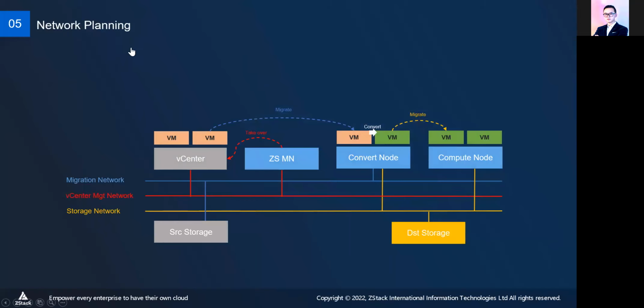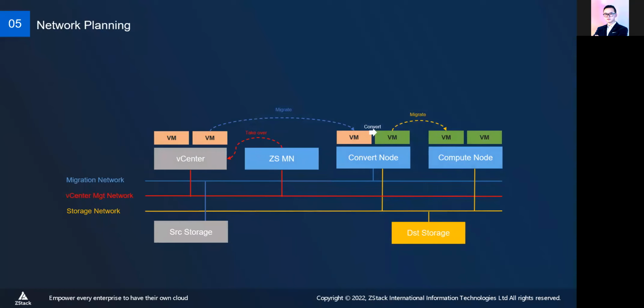For example, this is our source vCenter environment. In your source environment, first there is a vCenter management network, which allows you to access your vCenter, and also there is storage integrated with VMware.